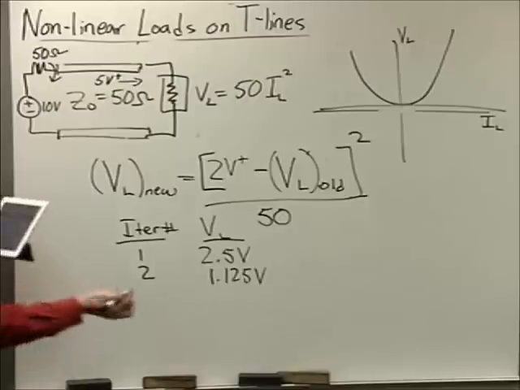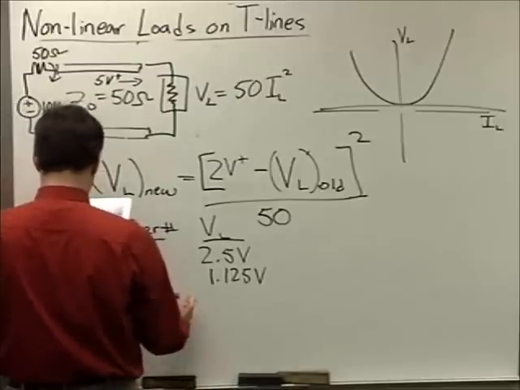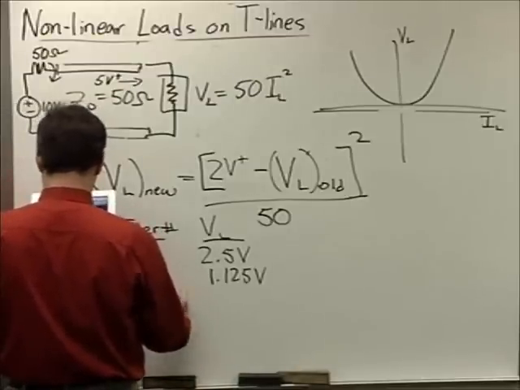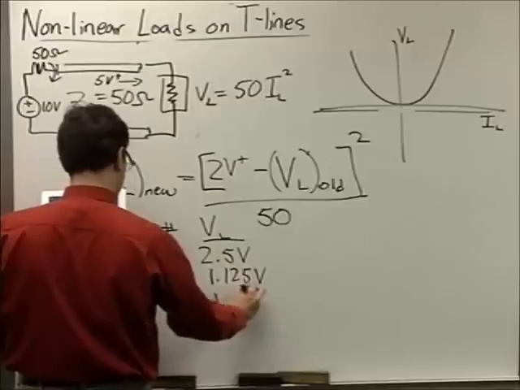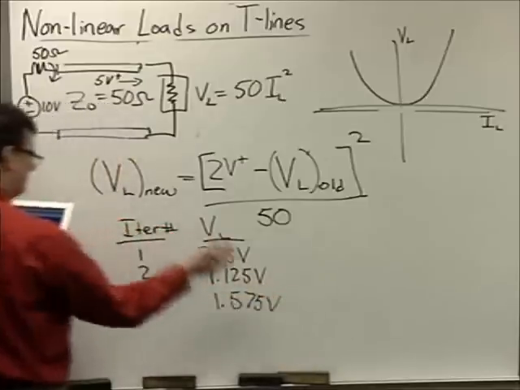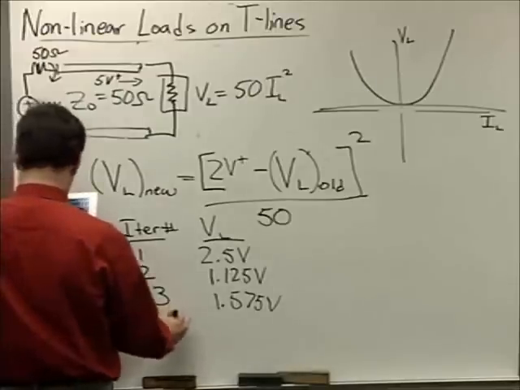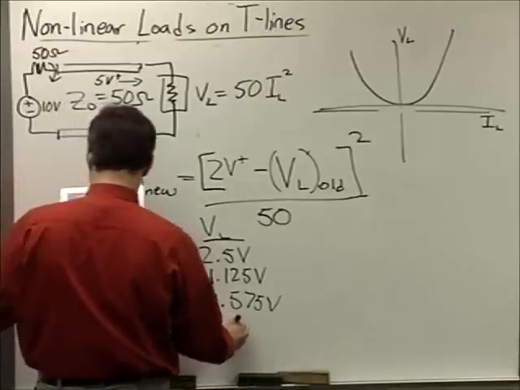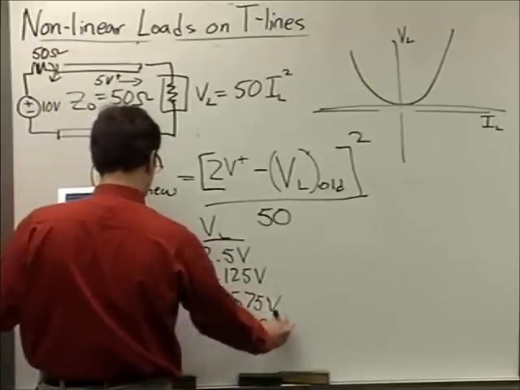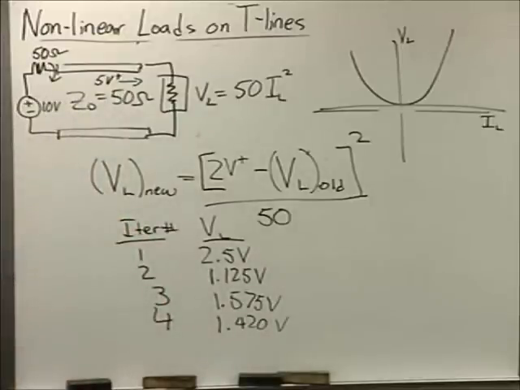I plug it in again, and I find my next value, 3, is 1.575 volts. Jumped up a little bit. And then 4, 1.420 volts. And so forth and so forth.